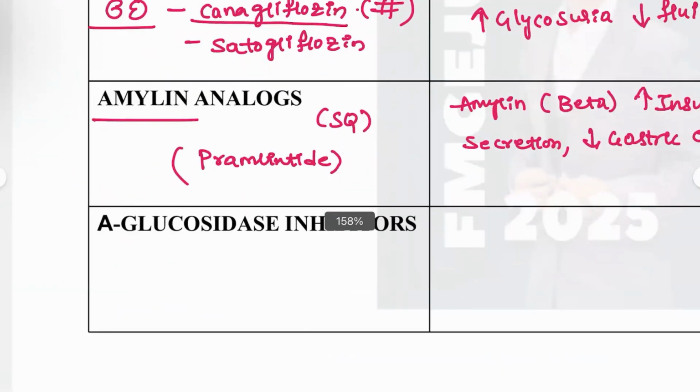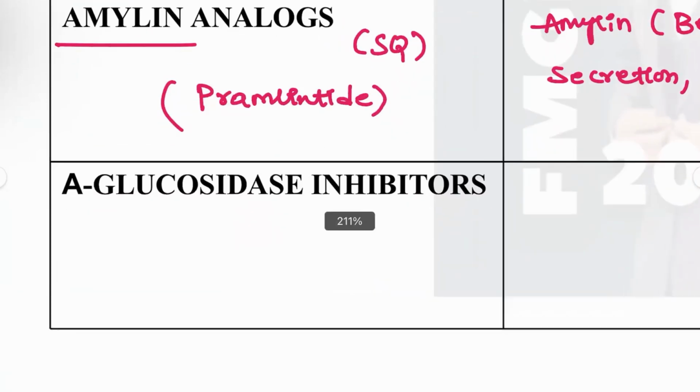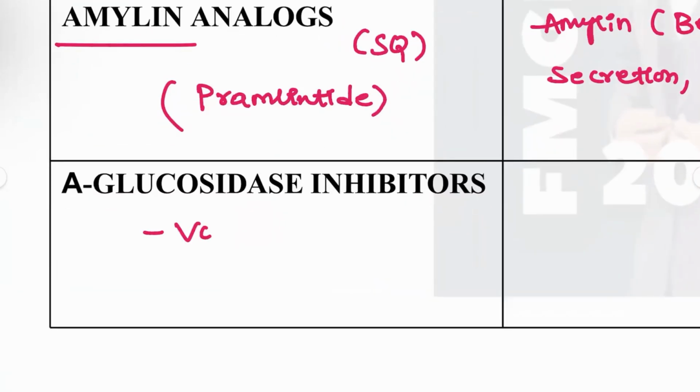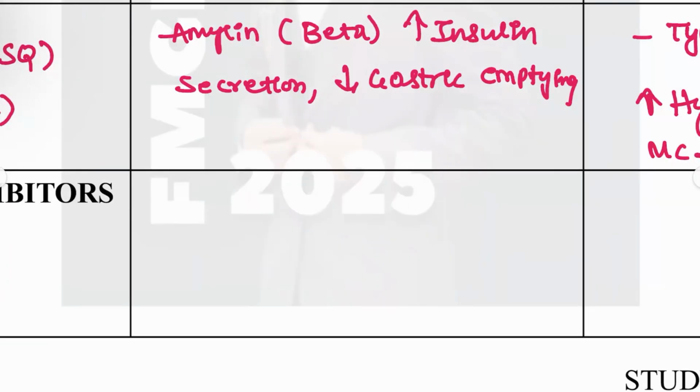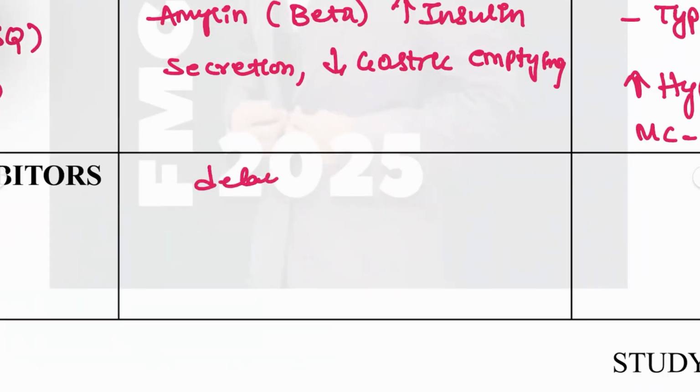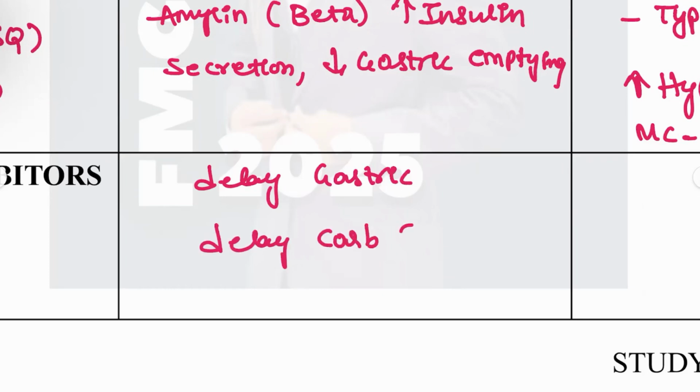Next, moving on to the alpha glucosidase inhibitors, and commonly the drugs are voglibose, miglitol, and acarbose. The mechanism of the alpha glucosidase inhibitors is that they delay gastric emptying, and this will delay the conversion of carbohydrates.